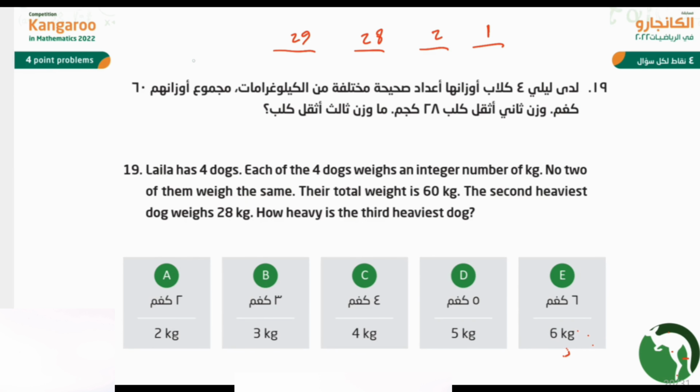And of course I cannot write more than 30 because I will not have weights enough for the rest two dogs. So we are forced to put 29 as a bigger number than 28. So this is the correct answer, and what we are looking for is the weight of the third heaviest dog, which is 2, and A is the correct answer.